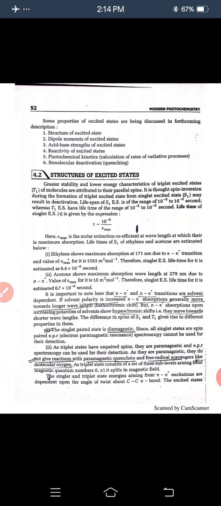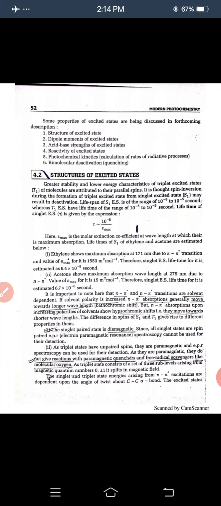It is thought that spin inversion during the formation of the triplet excited state from the singlet state S1 may result in deactivation. The lifespan of the S1 excited state is in the range of 10 to the power minus 9 to 10 to the power minus 5 seconds, whereas the T1 excited state has a lifetime ranging from 10 to the power minus 4 to 10 to the power minus 3 seconds.